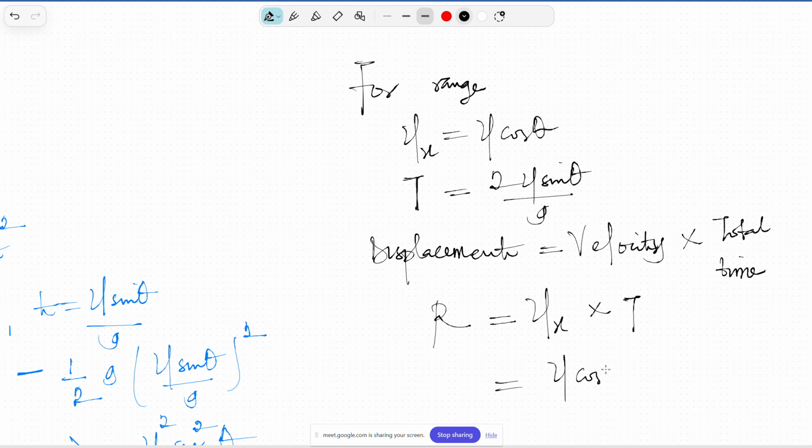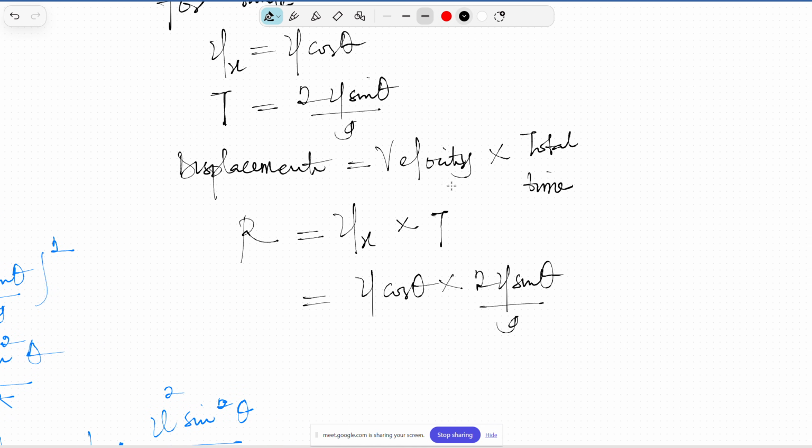This is u cos theta multiplied by 2u sin theta over g. All in all, everything turns out to be 2u squared sin theta cos theta over g.